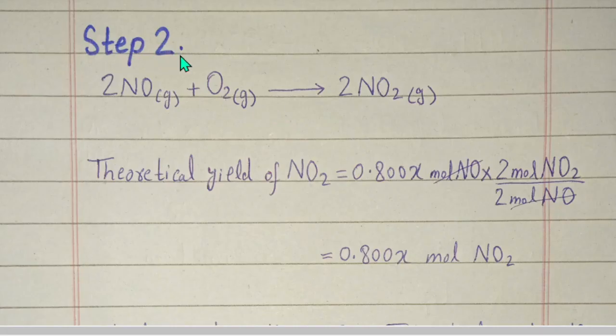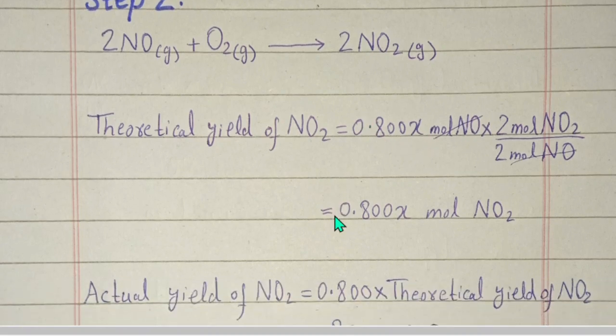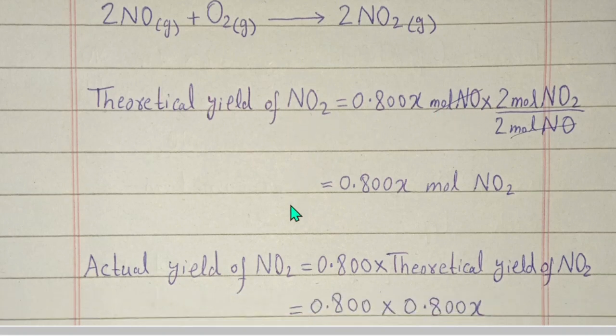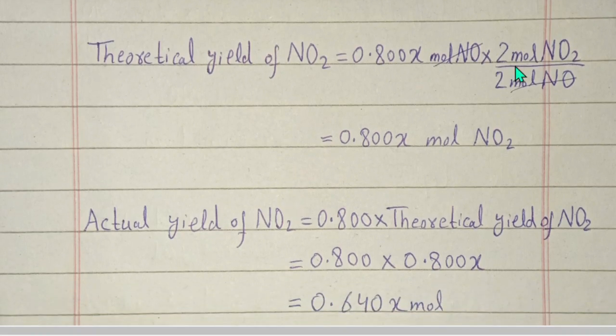In step 2, we can find the theoretical yield of NO2 using the actual yield of NO produced. For that, we will multiply 0.800x with the mole ratio between NO and NO2. Make sure to place the coefficient of NO2 in the numerator and the coefficient of NO in the denominator, as we are finding moles of NO2 produced from NO. Please note that mole ratios are exact quantities determined theoretically and are not measured with instruments.